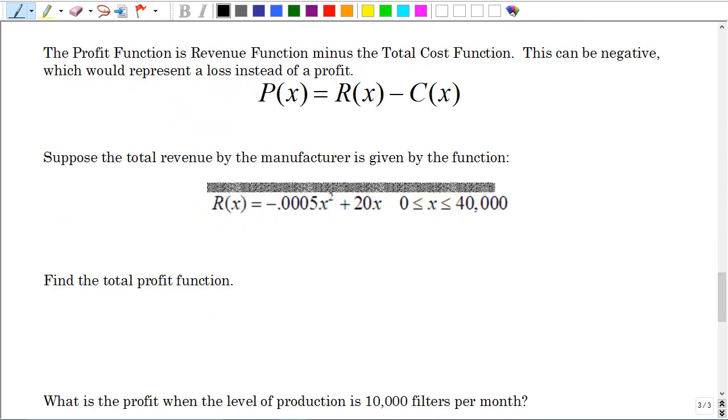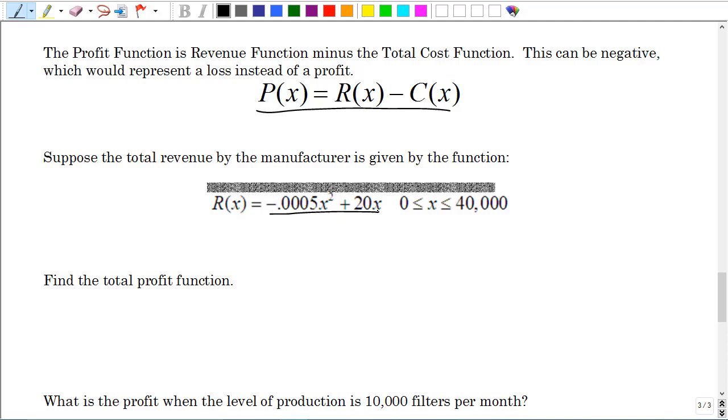When you run a business, you're interested in profit, right? You want to make money. So your profit is your revenue, like how much money you're bringing in, you're selling these, minus what it cost you to make them. So again, we're going to be seeing that throughout the course. So this same manufacturer has a revenue given by this function.